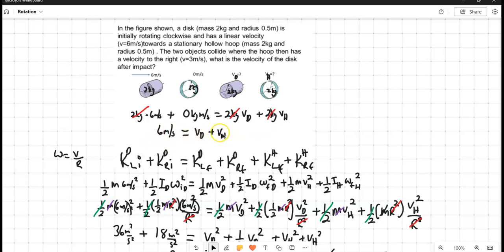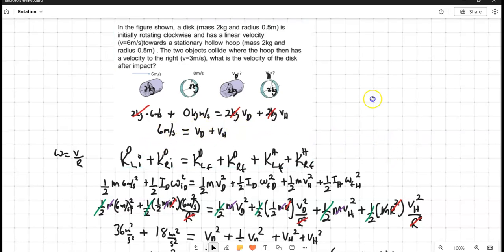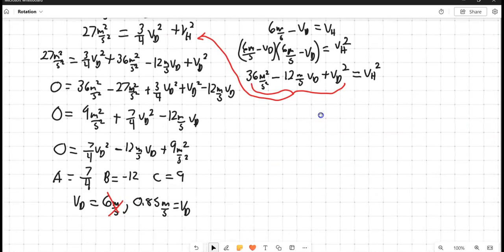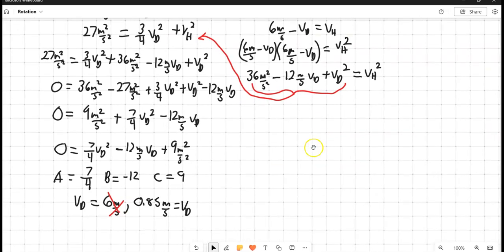Now to find the speed of the hoop after the impact, we're going to use the equation that we created right here, and I'm going to copy that down here. That's going to be 6 meters per second, and that came from our linear momentum equation. And this is the hoop.